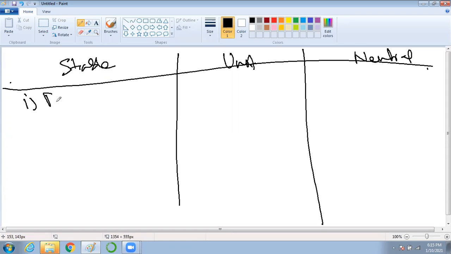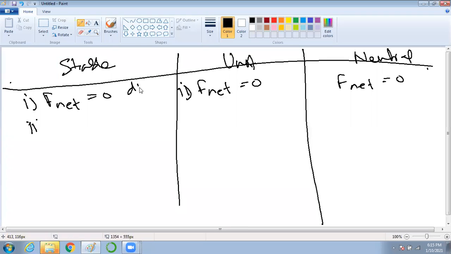First point, F net force is 0. Second point, if F net is 0, obviously du by dx also is 0. Yes or no? Because du by dx is only F_x, no? So du by dx is also 0.